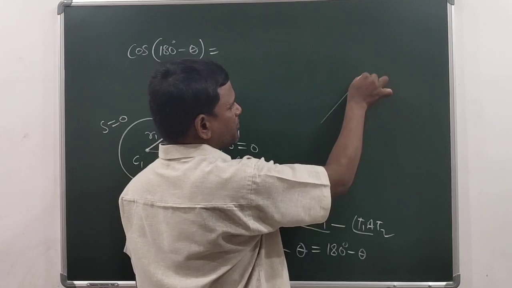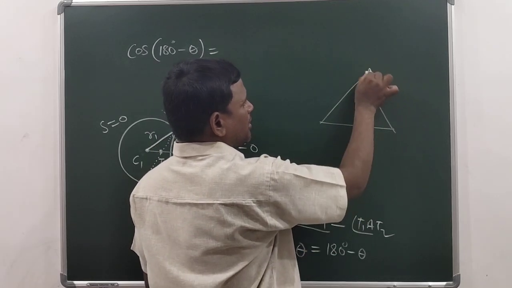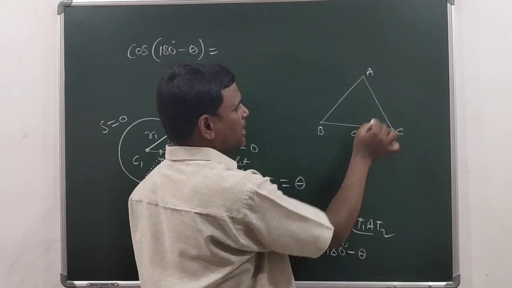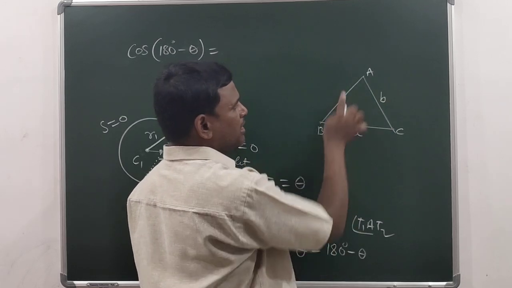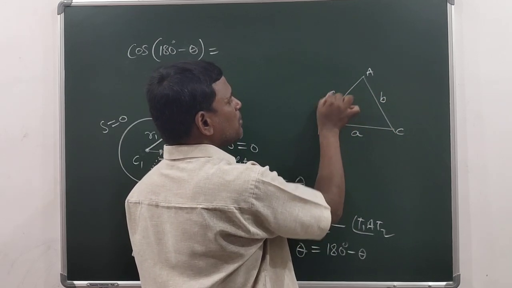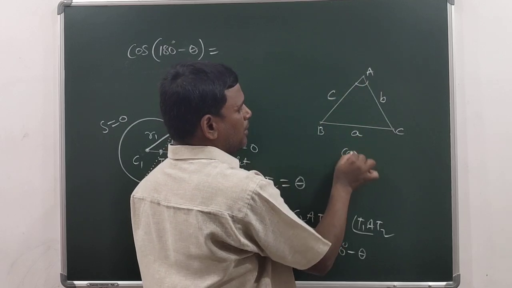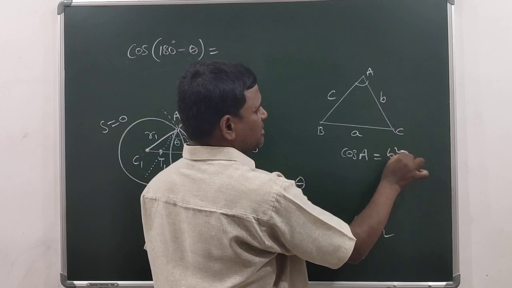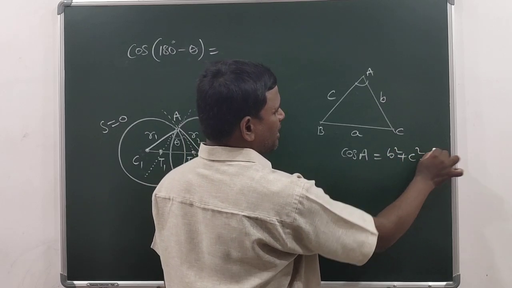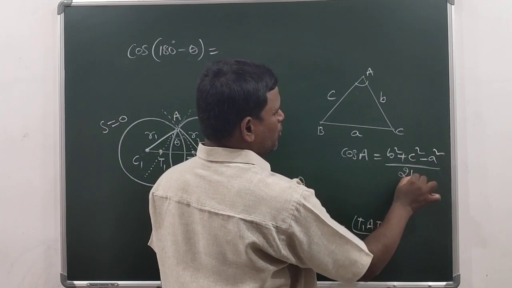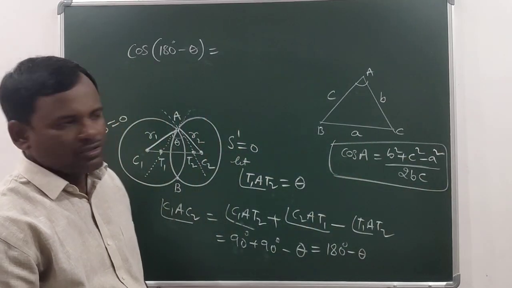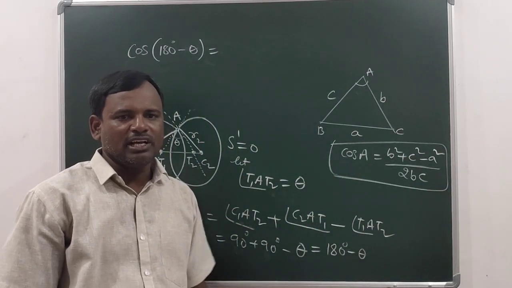See, ABC is a triangle in which the length of BC is small a, the length of AC is small b, the length of AB is small c. Now apply the cosine rule at this vertex. So what is that formula? cos A is b square plus c square minus a square by 2bc. You read this formula. Similarly you can write cos B, cos C also.